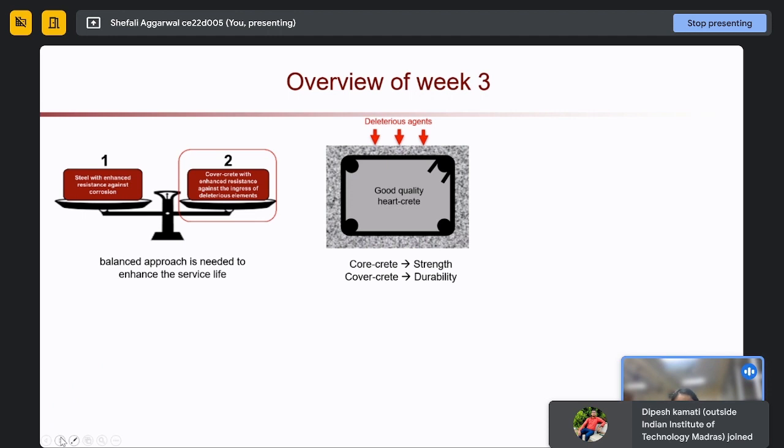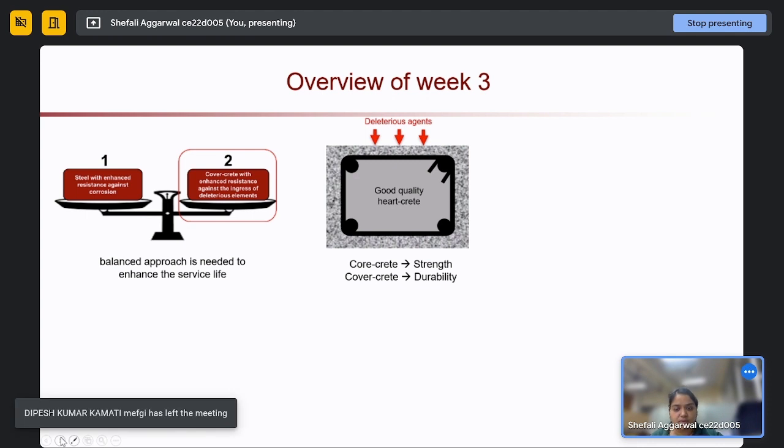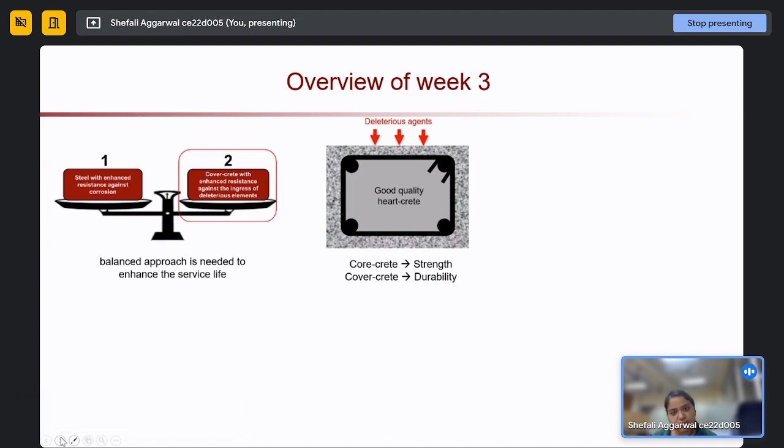Second is the difference between core concrete and cover concrete. Core concrete is mainly for the strength of the concrete. The concrete inside the reinforcement provides the strength, and the cover provides the durability.